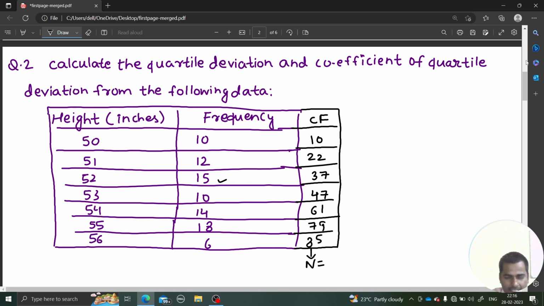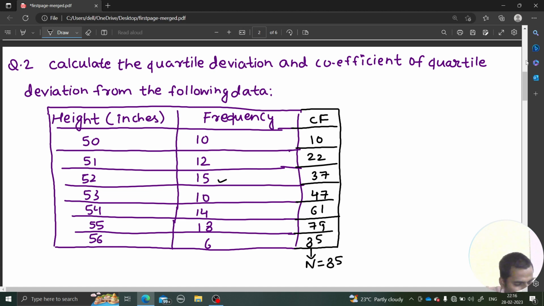So your n is 85 in this case. And in that earlier case, finding n was simple. Just count the number of data, that is your n. But in this case, whatever the final value of cumulative frequency is, that will be your value of n.